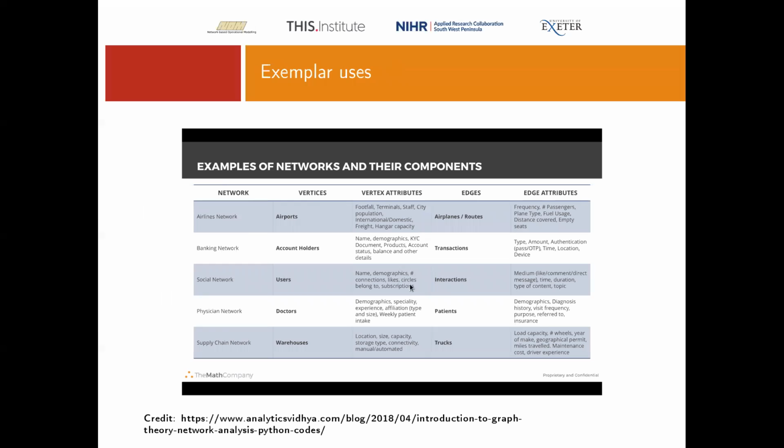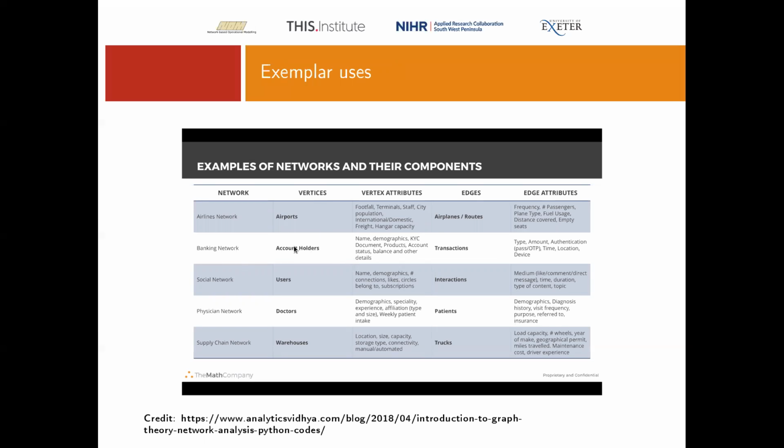So, some classic current uses of network analysis: looking at things like airline networks. You'd have airports within that and their routes that they're flying, and you'd look at the links between the airports and where they're flying to and from.